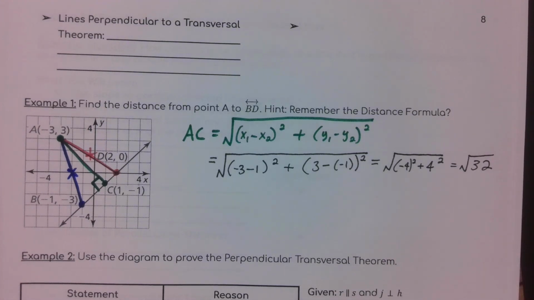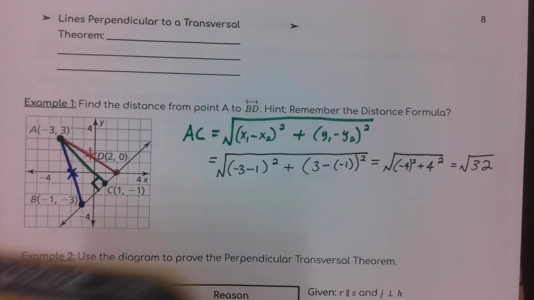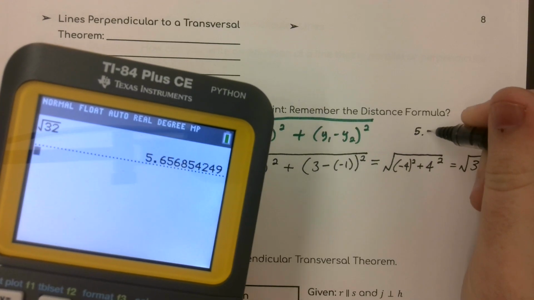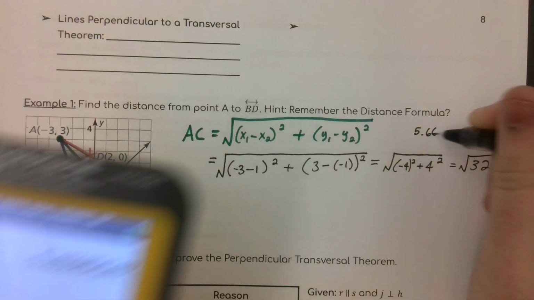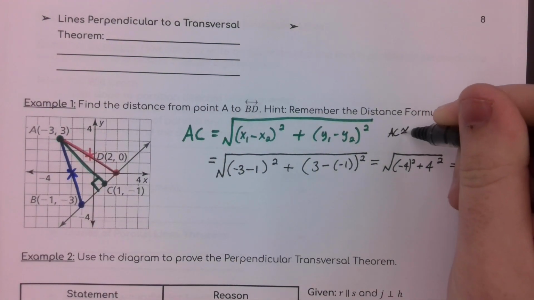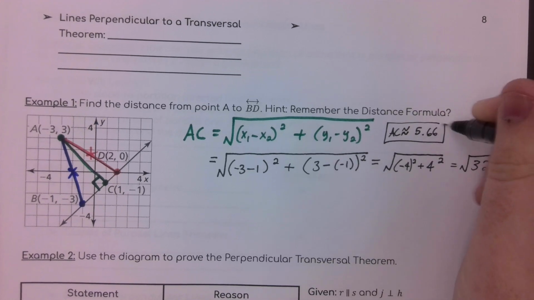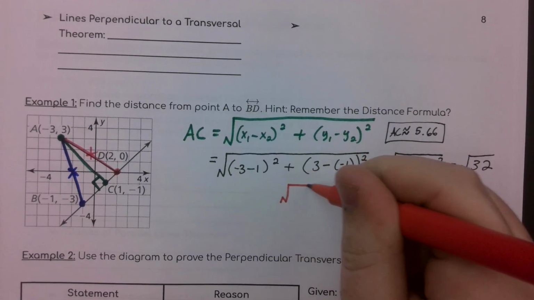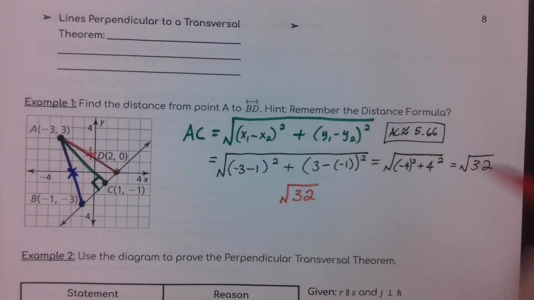Now, we could estimate this as a decimal. So if I plug the square root of 32 into my calculator, we get around 5.66. So AC is about 5.66. But I don't want that. I want to remind you on how we can simplify a square root. To simplify a square root, here's what you have to do.